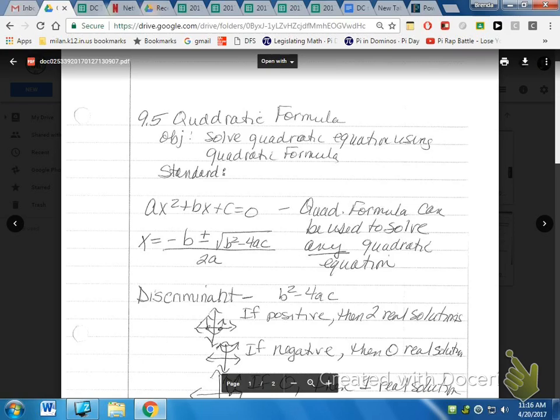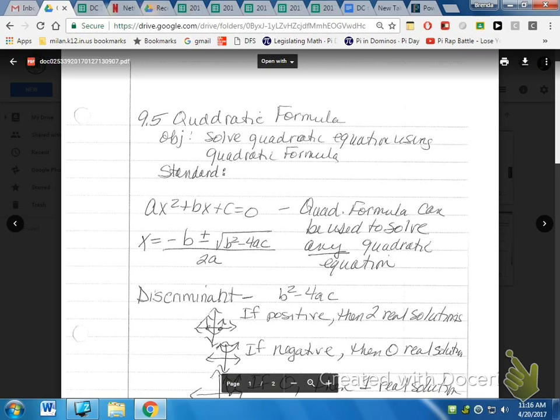But this is a guaranteed, surefire way of getting an answer. This is used for those that don't factor, and their answers are probably going to come out as decimals. Okay, so the quadratic formula is something universally known, something that you will use for years to come.